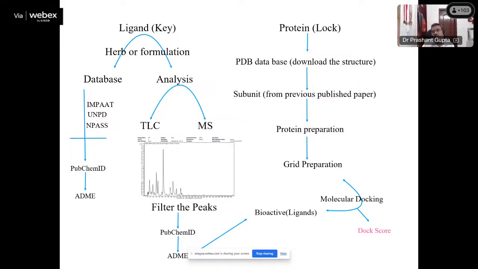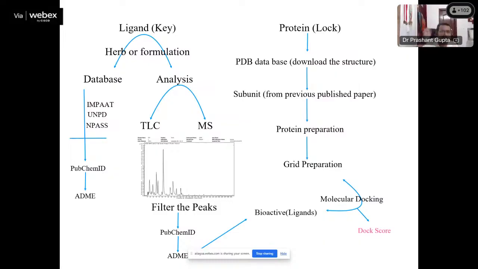But in our case, let's say we have Trifla. Trifla has 3 herbs and then at least 3000 phytoconstituents. How will we catch these valuable phytoconstituents? So we have two methods. We'll come to the key part first. One is just typing, let's say Terminalia chebula, in the database, and you would find n number of phytoconstituents.